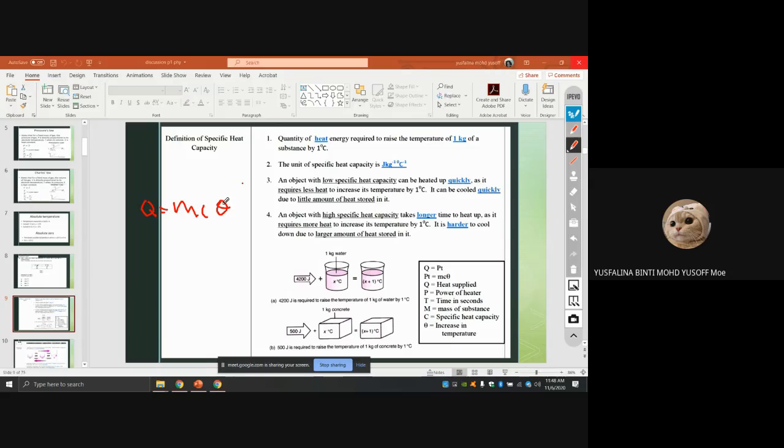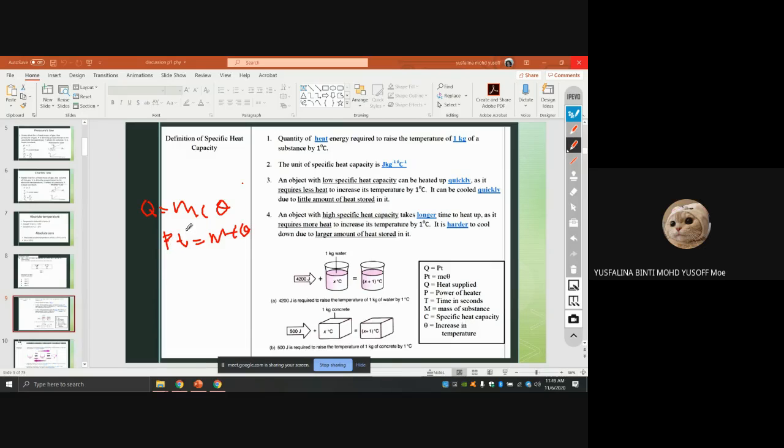But if the question gives you the power of an electrical appliance, let's say they use an immersion heater and give you the power, then you can use this one: Pt equals mcθ.